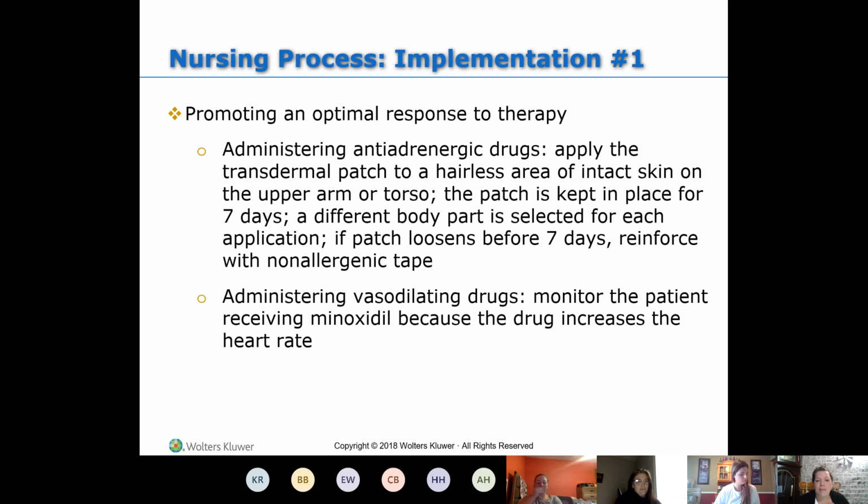The patch stays in place for 7 days, and a different part of the body will be selected before each application of a new medication. If a patch loosens before 7 days, you can put a little piece of tape over the top of it. The most common patch that's used is a clonidine patch.